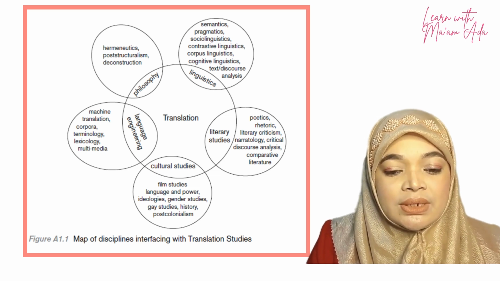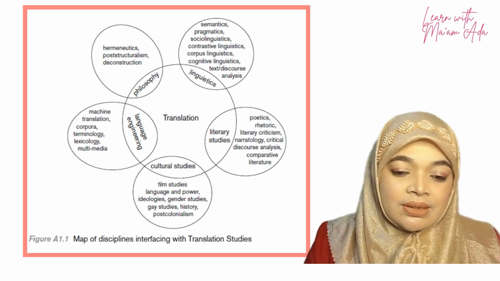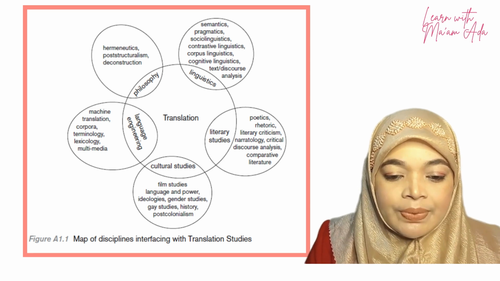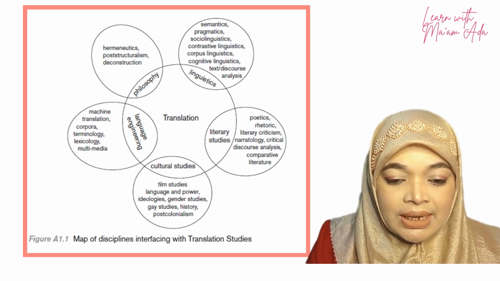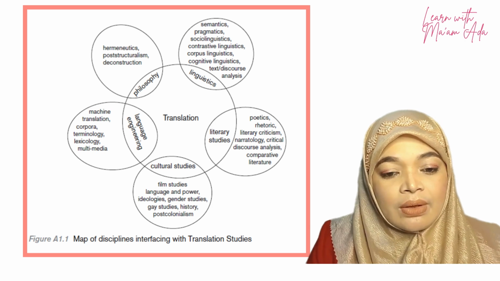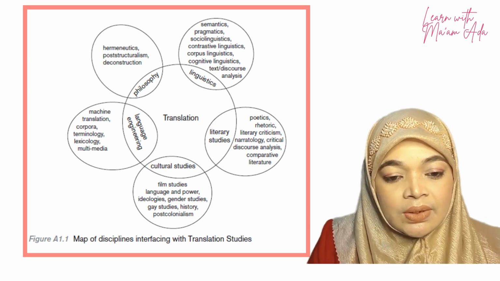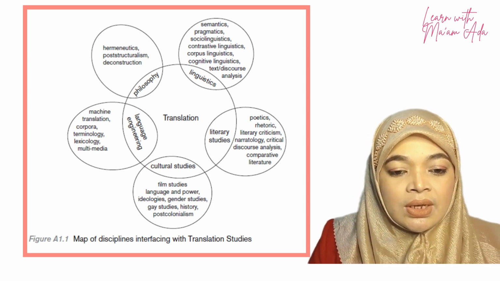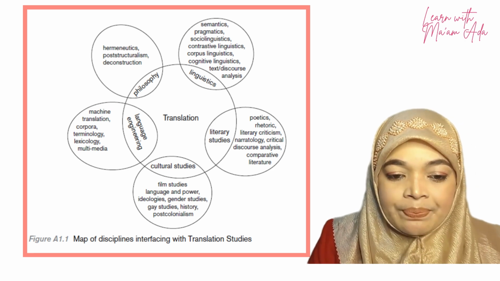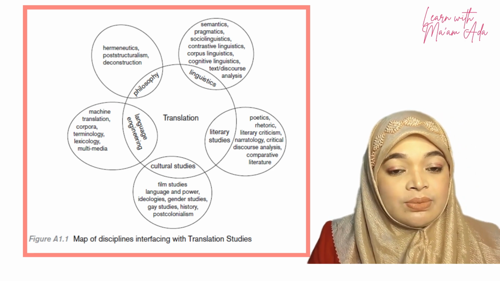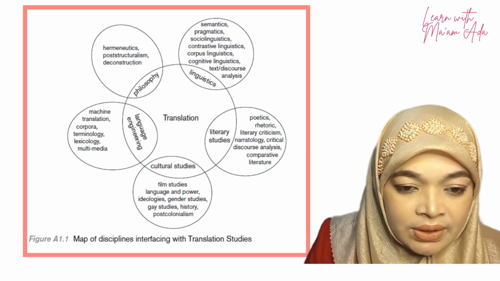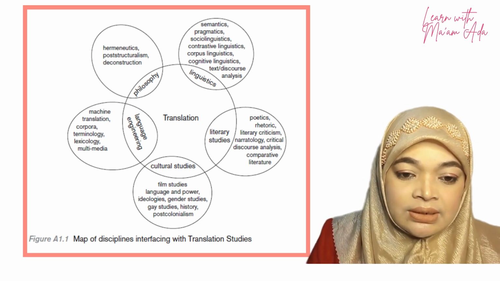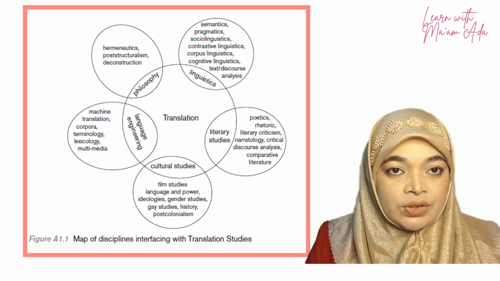Under cultural studies, it talked about film studies, language and power, ideologies, gender studies, gay studies, history, and post-colonialism. For language engineering, it talked about machine translation, corpora, terminology, lexicology, multimedia. And for philosophy, it talked about hermeneutics, post-structuralism, and deconstruction.